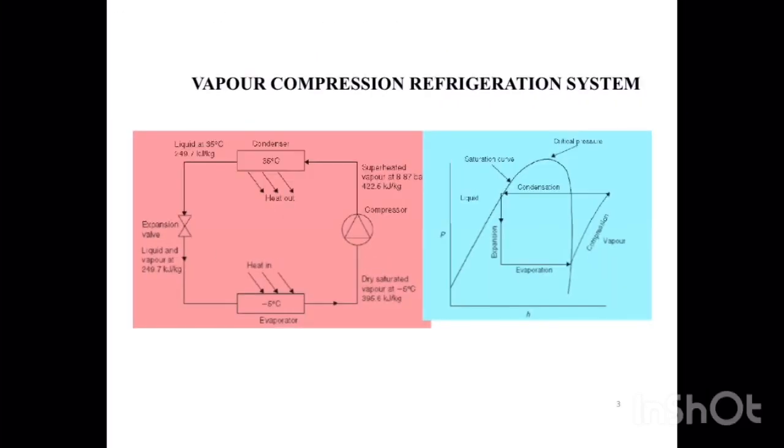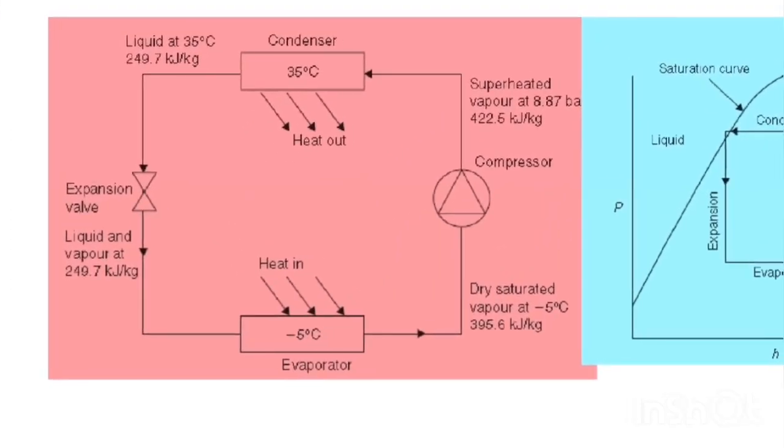So first we will understand the vapor compression refrigeration system with the help of the diagram, the pH diagram and block diagram. There are four components as you see here: compressor, condenser, expansion and evaporator. These are the main components of the refrigeration system. In the compressor, generally we compress the refrigerant.